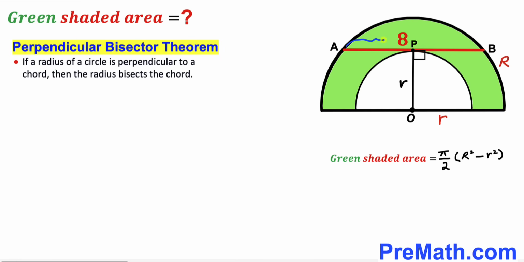This AP segment is equal to this BP segment. Since these two segments are equal, AP is half of 8, which is 4, and the other segment BP is 4 units as well.